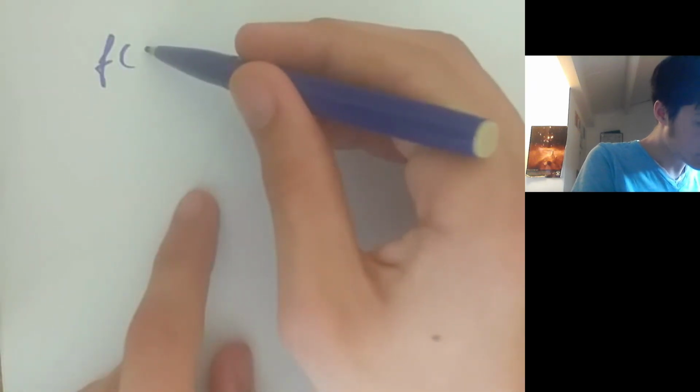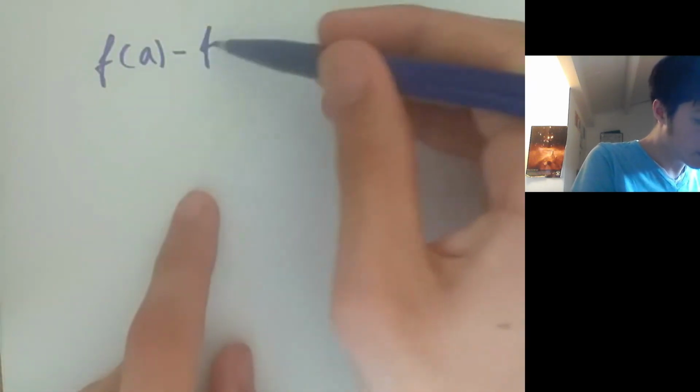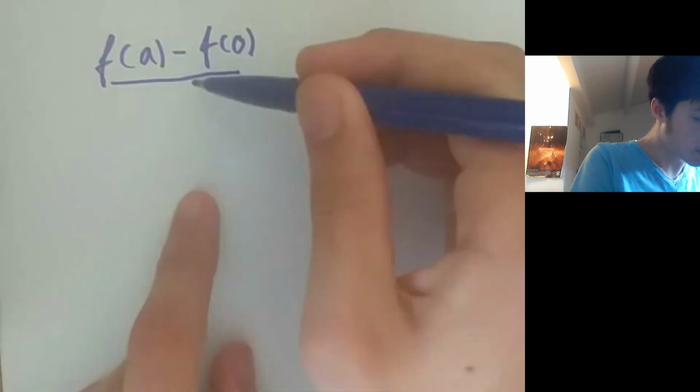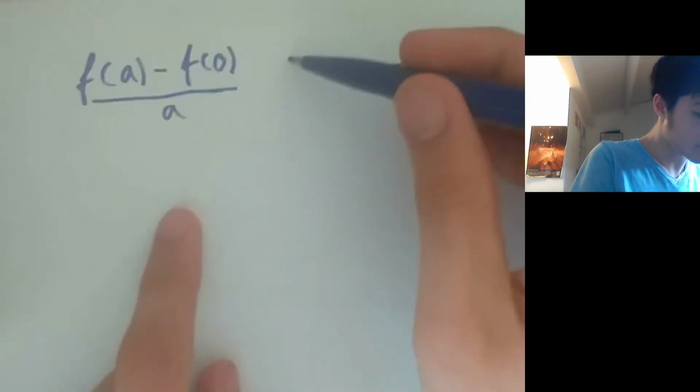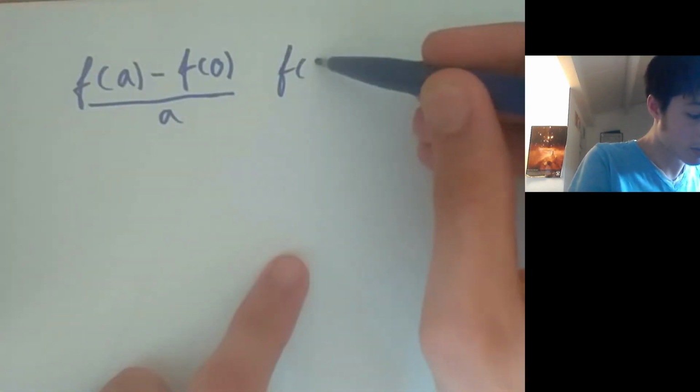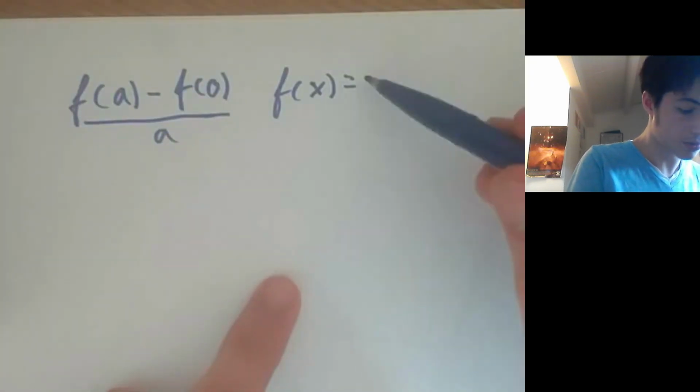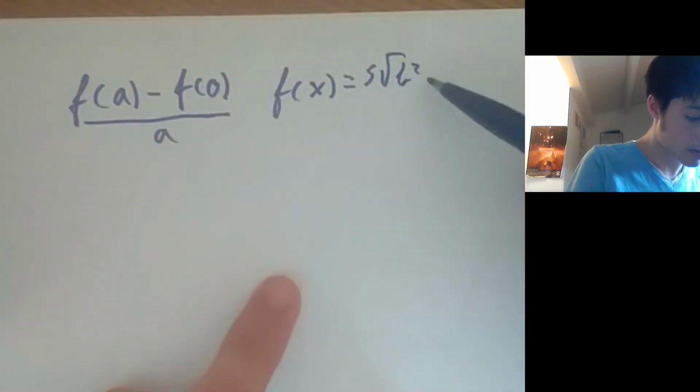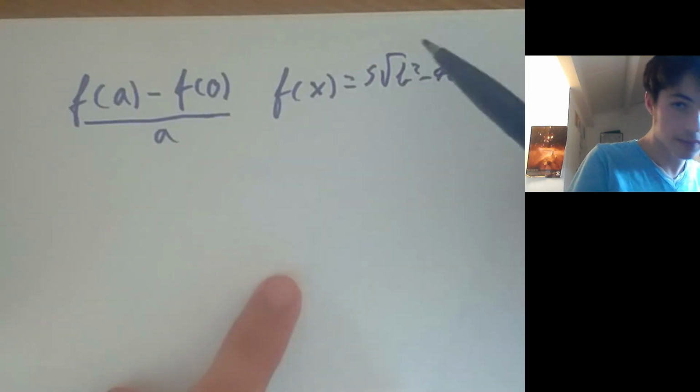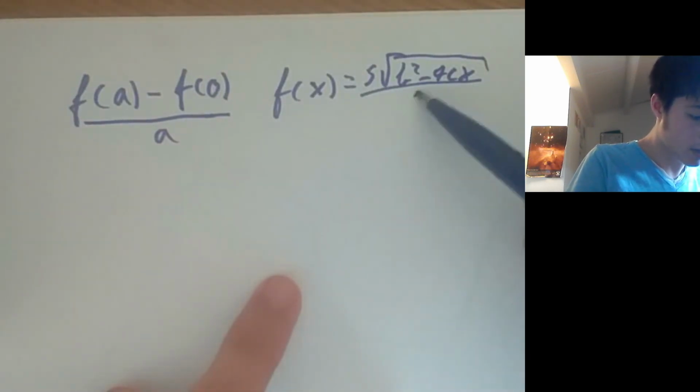Well, it actually isn't, but it's kind of going in that direction, because what we showed is that one of the solutions of a quadratic equation was equal to, without the limit now, f of a minus f of 0 all over a, where this function f was equal to f of x equals s times the square root of b squared minus 4cx, and then all divided by 2.